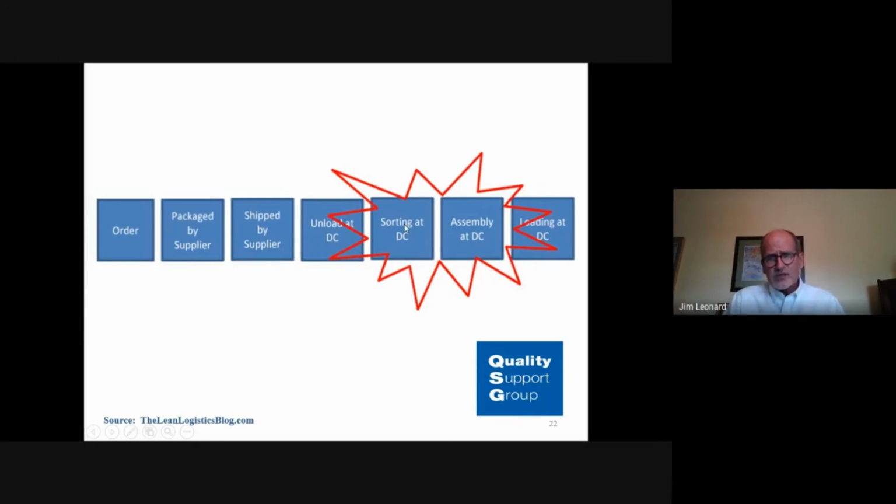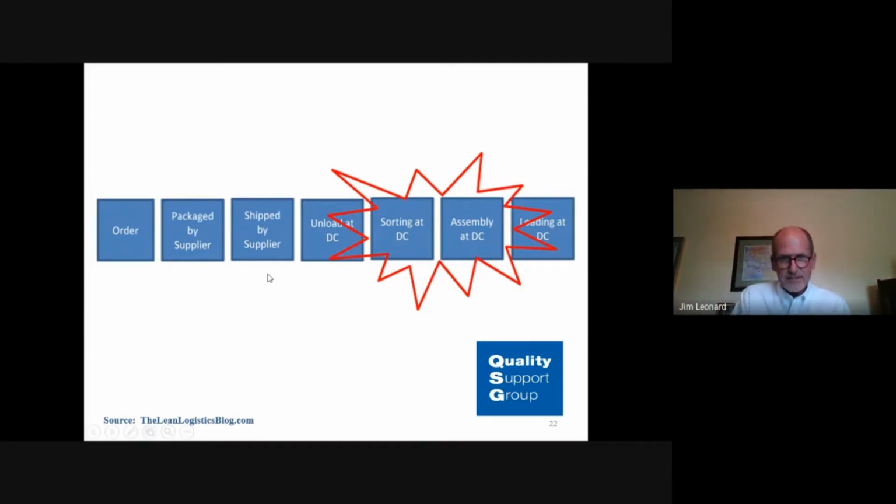Then we go through some sorting, maybe some kitting, and some assembly at our distribution center. This team decided that's our focus, that's our improvement opportunity. Because guess what? We don't control the supplier's distribution center. There's really not much we can do about that short term, but here's where we're going to start, our kitting and assembly processes.